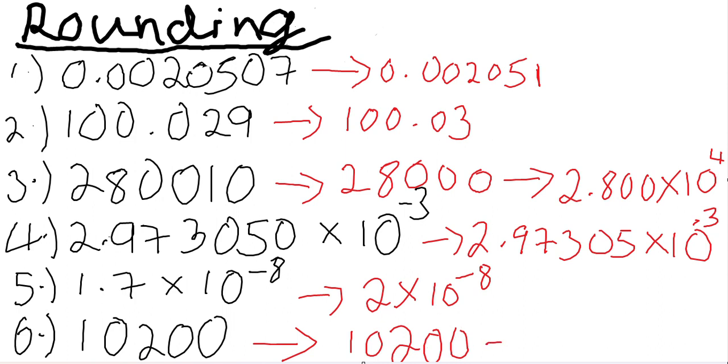We have to state this only in scientific notation, which gives us 1.020 times 10 to the 1, 2, 3, 4. All right. So this is us rounding these numbers by one less sig fig.